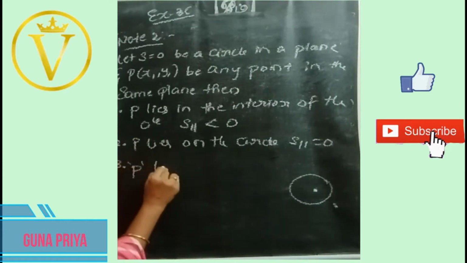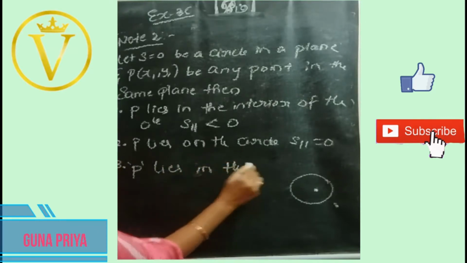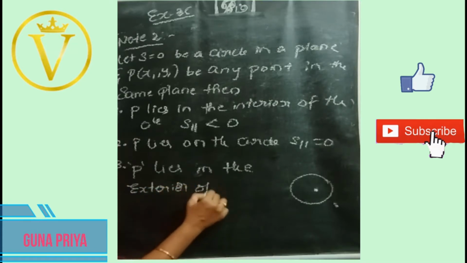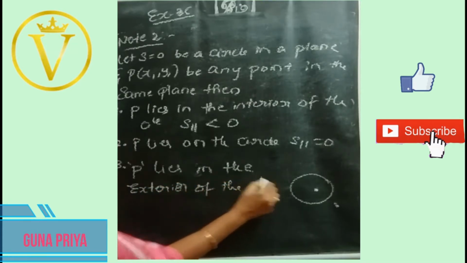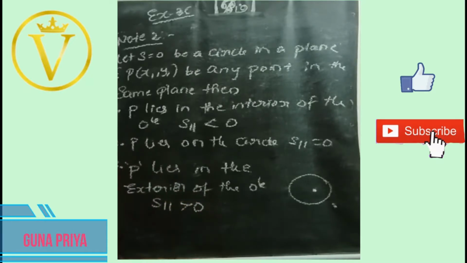And if P lies in the exterior of the circle, then S11 will be greater than 0. This is a very simple thing. Don't confuse in it. Three points.